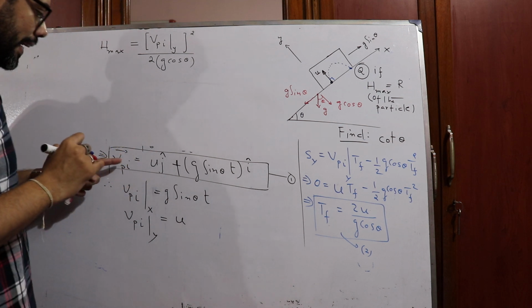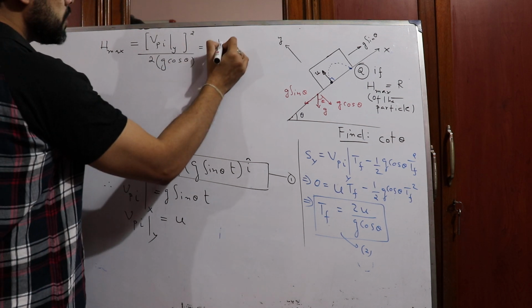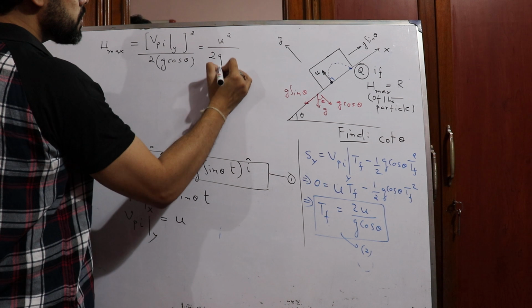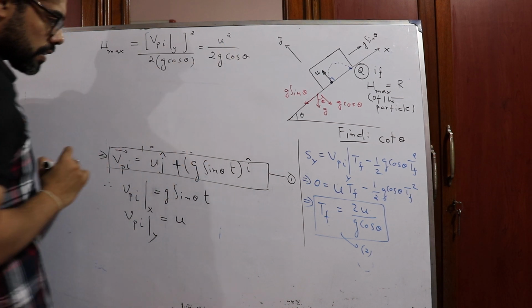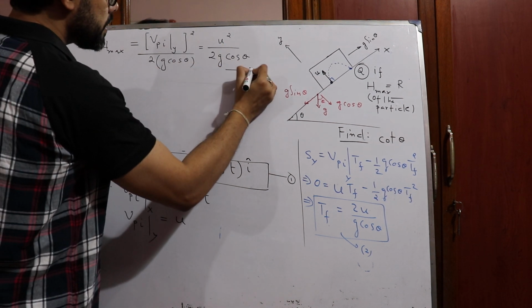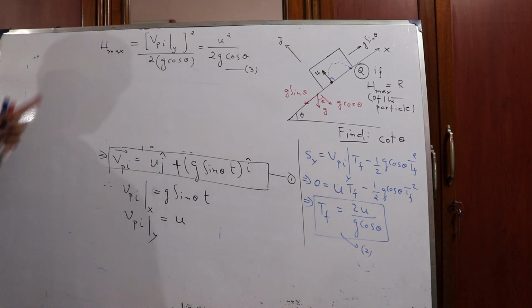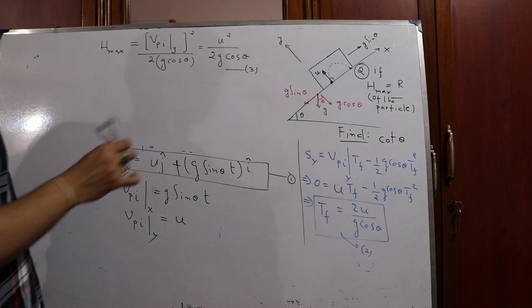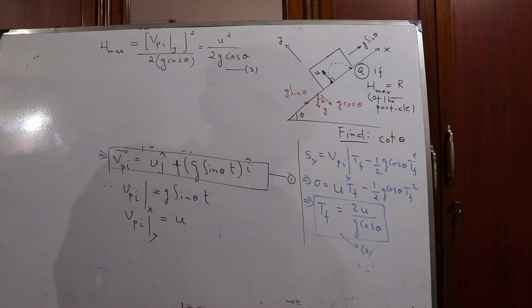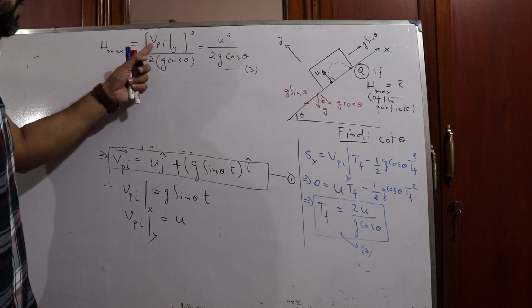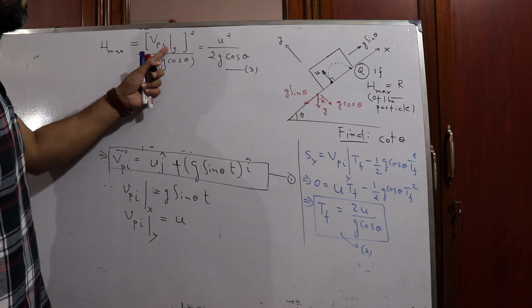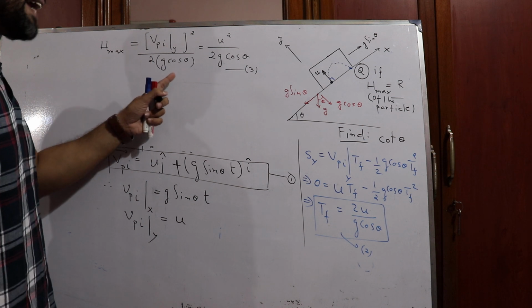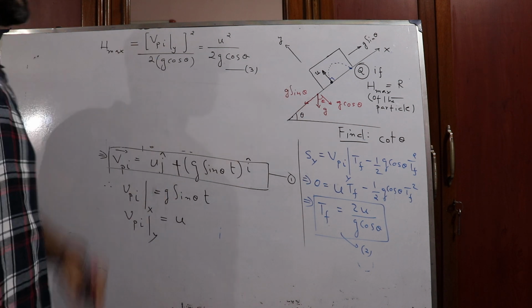And what is the y component? It's u. So it is u square by 2g cos theta. Okay, so this is my equation 3. This is the H max, the maximum height attained by this projectile, that is, the y component of the velocity of the particle with respect to the incline, whole square, by 2 times the retardation. What is the retardation? g cos theta.